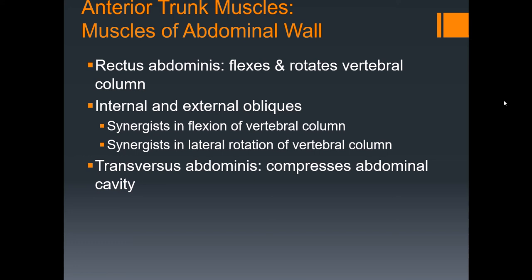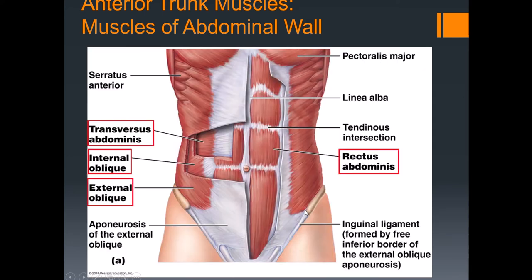The internal and external obliques are synergists, particularly when you're laterally rotating your vertebral column. And then the transversus abdominis is a wide strap of muscle that cuts across your abdomen and helps you compress the abdominal cavity. So you can see here is the rectus abdominis for vertebral column flexion.